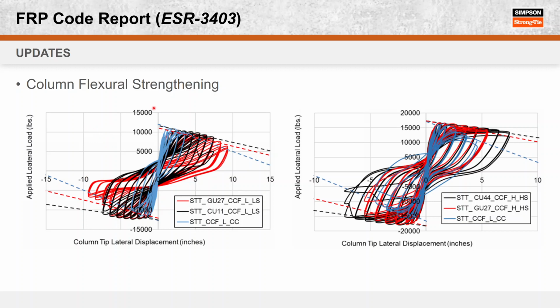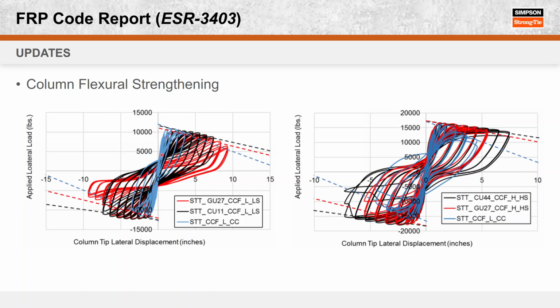The column is standing up straight, and it's pushed and pulled back and forth, and the amount it's pushed and pulled is controlled in the experiment. So you can see there's even spacing between each cycle of loading.